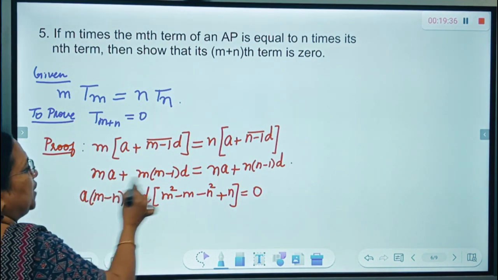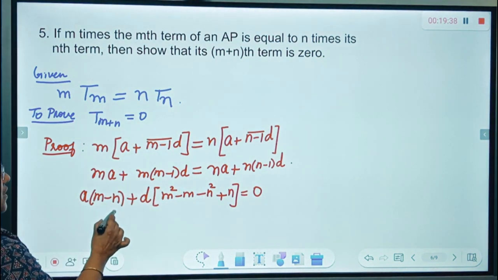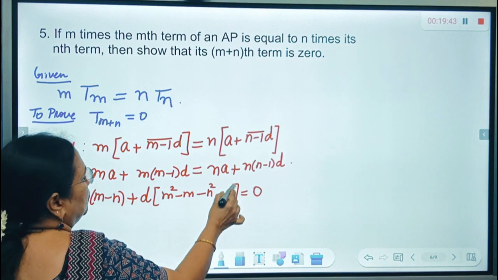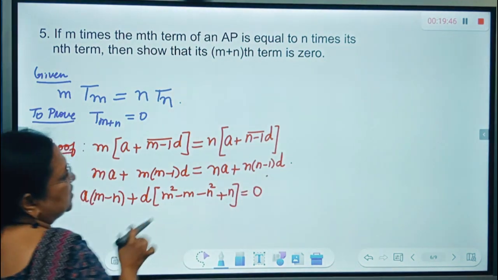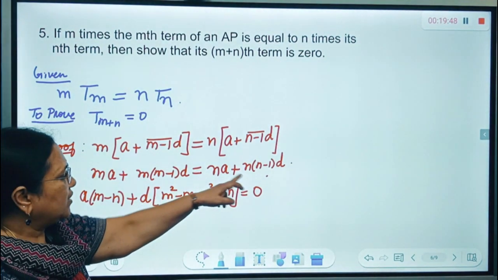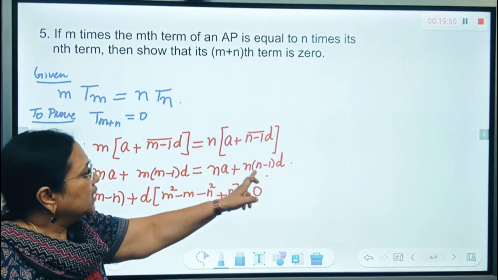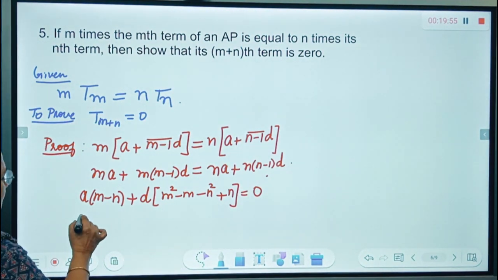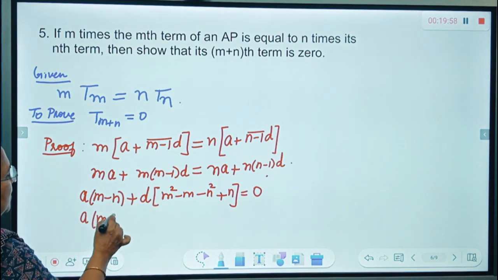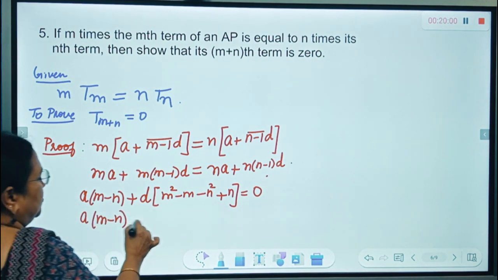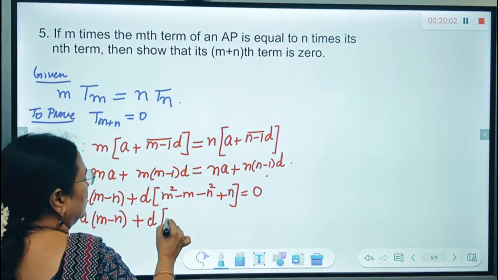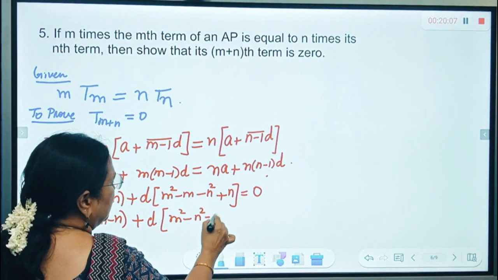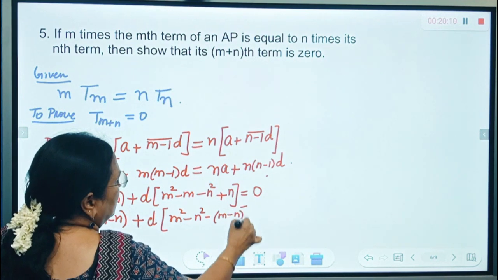So ma minus na is a into m minus n, plus d into m square minus m, and bringing this to the left-hand side, it will become minus n square, and here it is minus n, which if I bring to the left, becomes plus n. This is a into m minus n plus d into m square minus n square minus m minus n equal to 0.